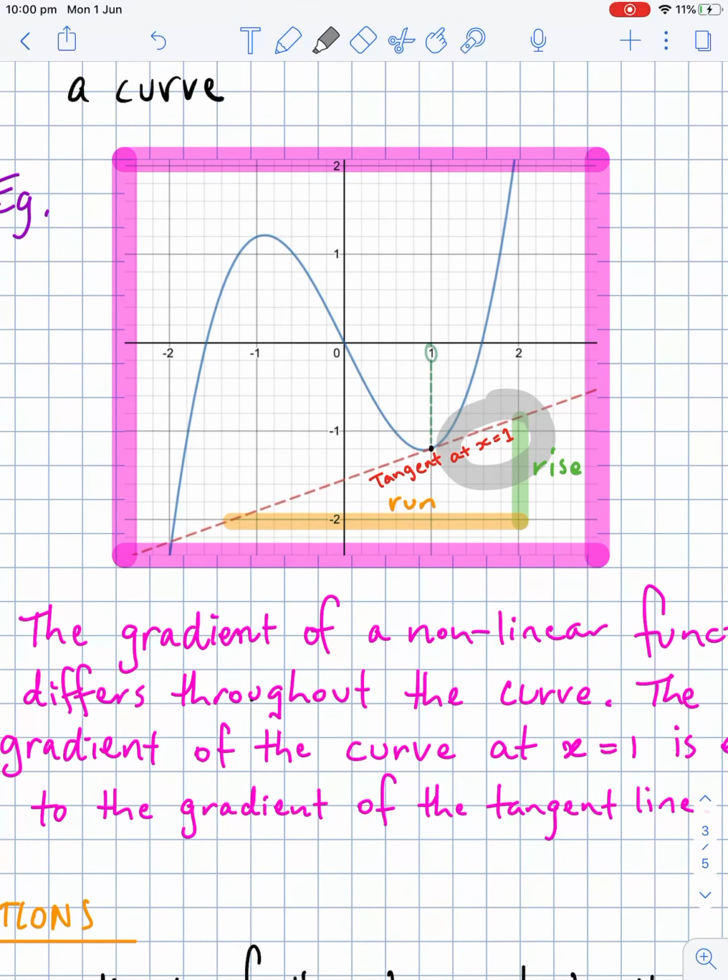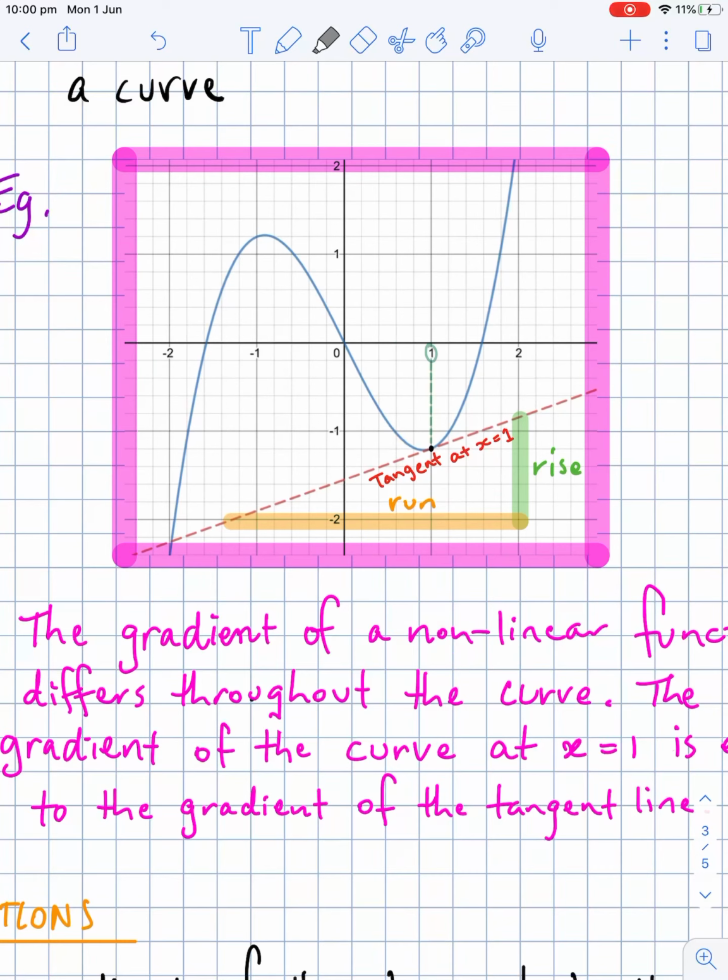And it's a tangent at x equals 1, because you can see here that our x value is 1, and if I go straight to the line, that's the point where the tangent touches. So that's why it's a tangent at x equals 1.